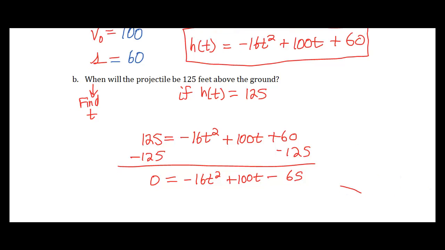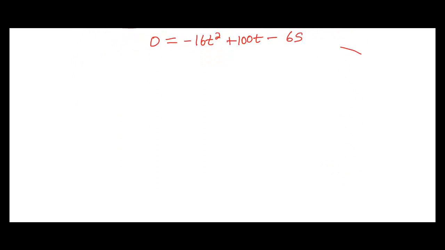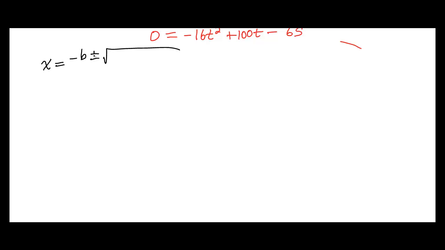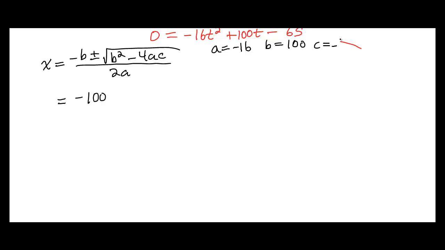With my quadratic formula, we have x equals negative b plus or minus the square root of b squared minus 4ac all over 2a. That'll be a negative 100, because a equals negative 16, b equals 100, and c equals negative 65.